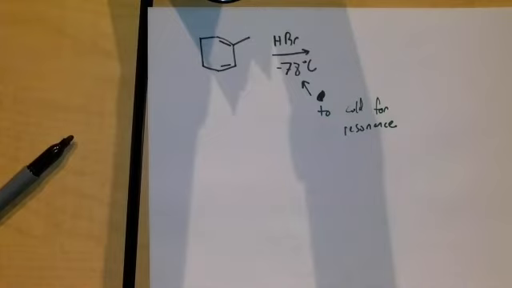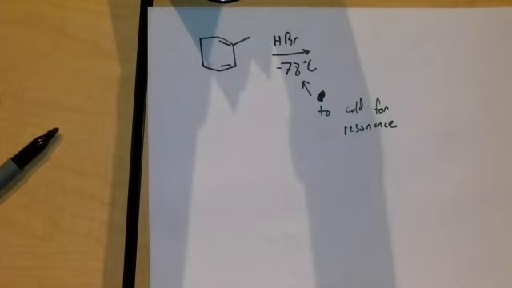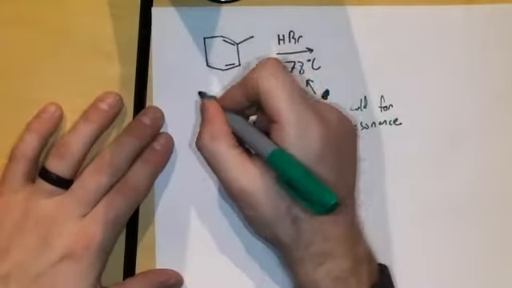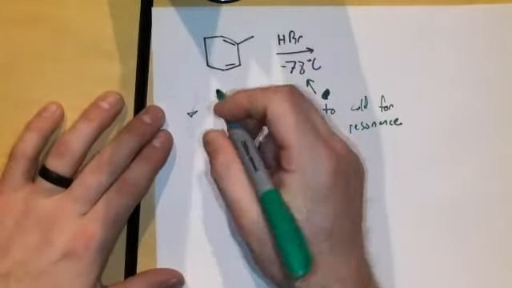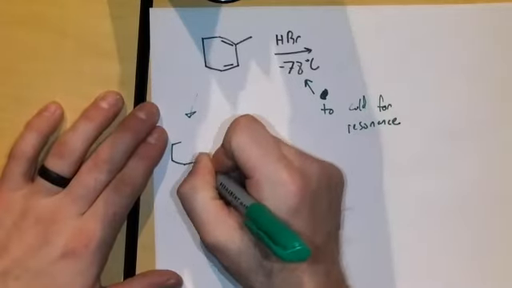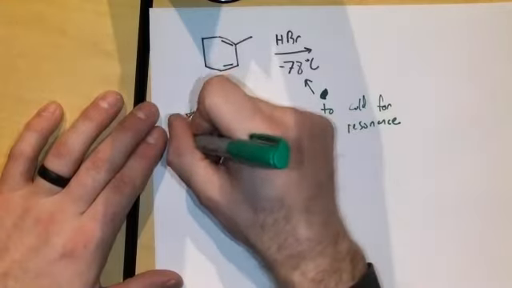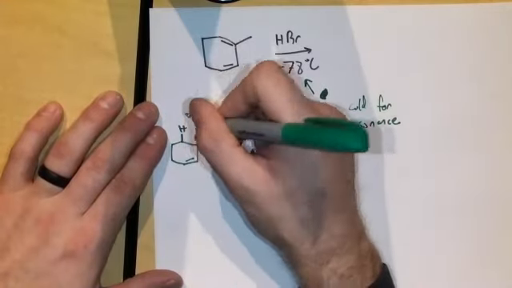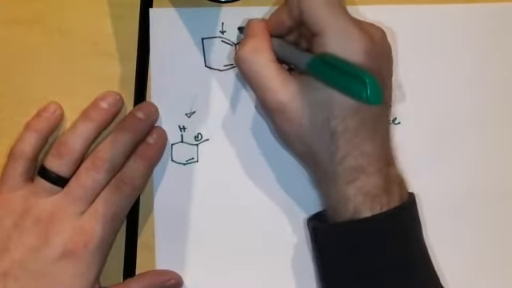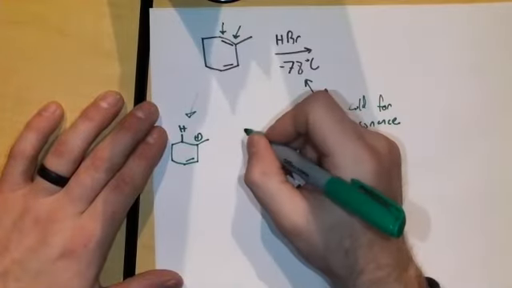If we're thinking about protonating these, there's technically 4 different options. I'm going to go over the really kind of simple ones first. So I could either get protonating here versus here.